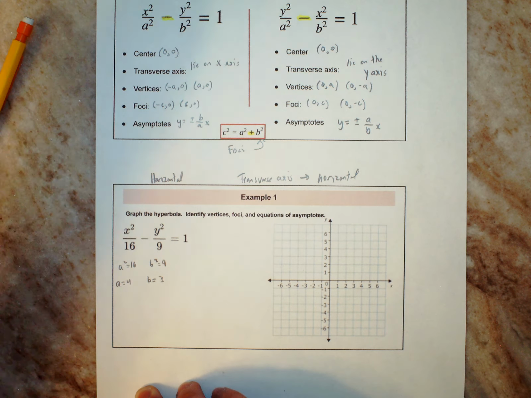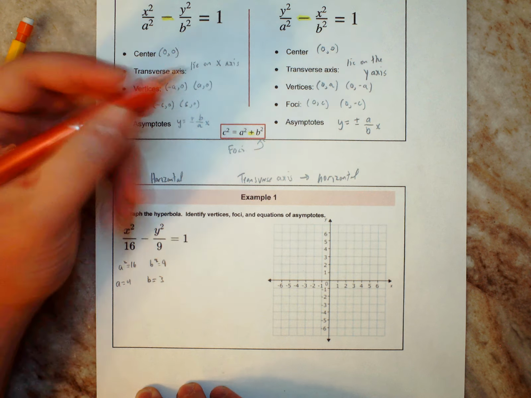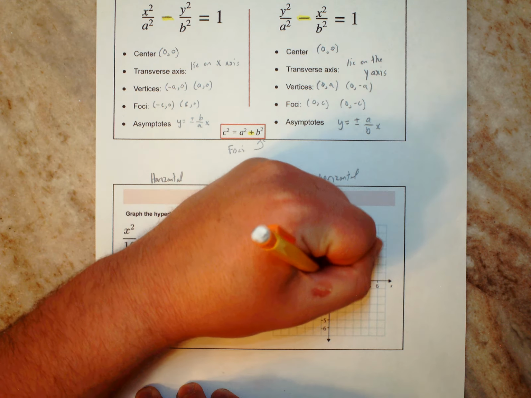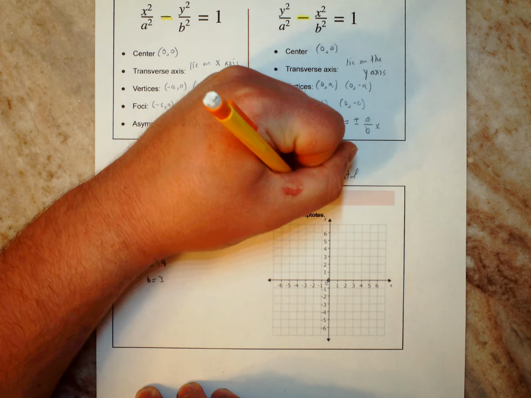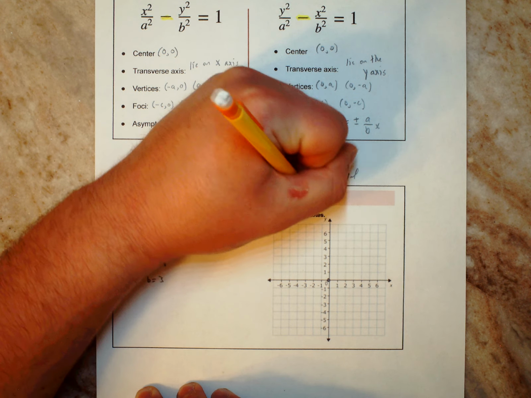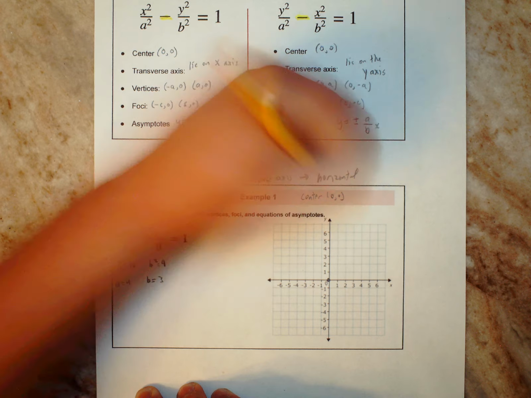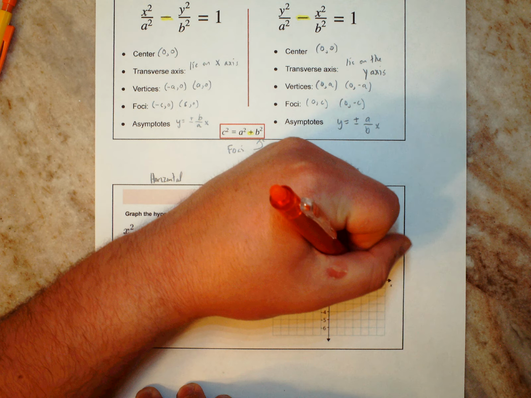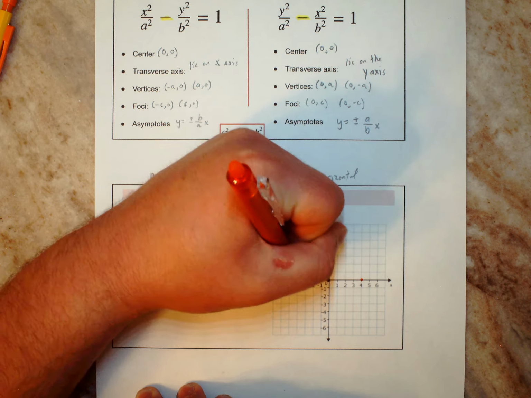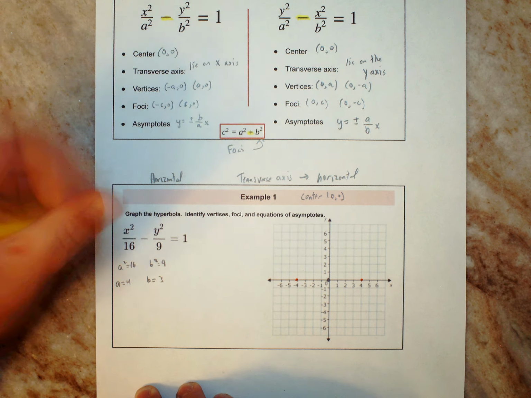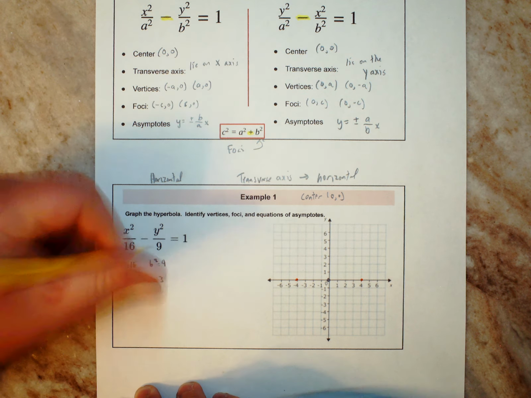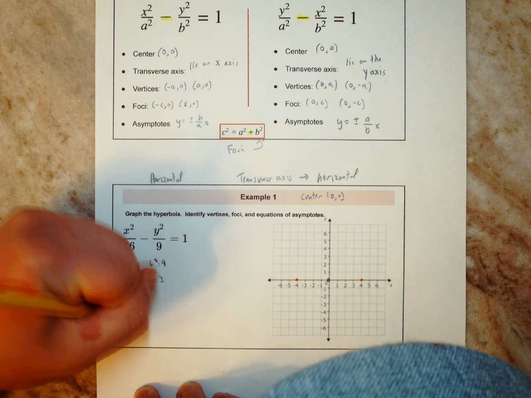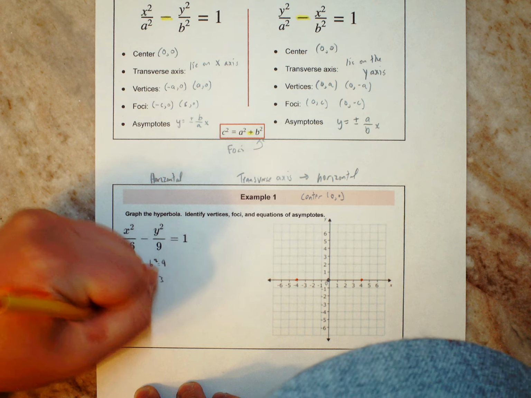I'm going to use orange for the vertices. So my first vertex is going to be 4 units away from my center, which is at 0, 0. So again, I'll write that up here, center, 0, 0. So I'm 4 units away. So there and there. So my vertices are 4, 0 and negative 4, 0.